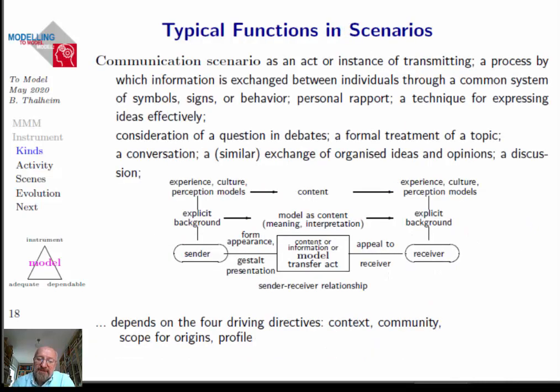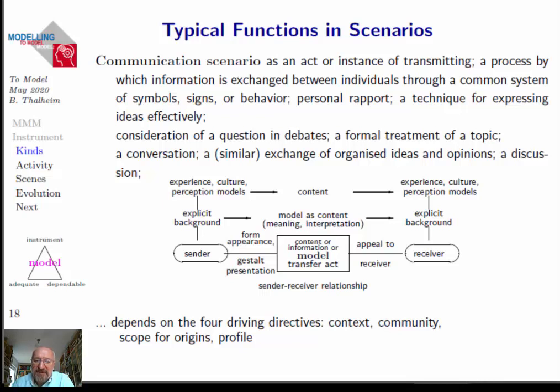Okay, let's turn to a typical function in scenarios. In a communication scenario, the model is used as some kind of instance of transmitting. Of course, this depends on a sender and a receiver, on the form the sender provides the model, on the form that the receiver accepts for the model, and on the sender-receiver relationship.